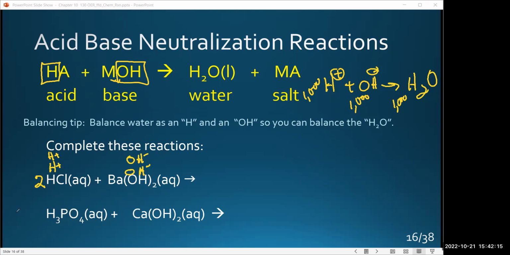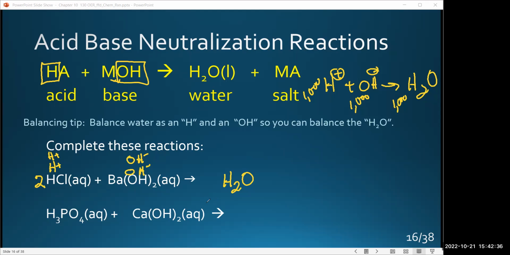That tells me that I need 2 molecules of hydrochloric acid to produce 2 protons, because barium hydroxide is producing 2 hydroxides, and I need to neutralize that hydroxide. So that being the case, how many waters am I going to make?